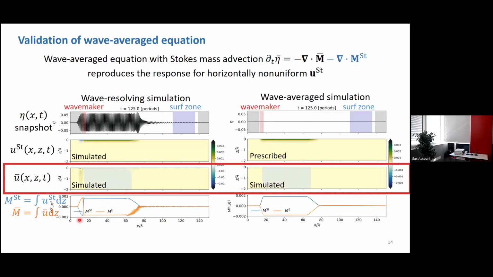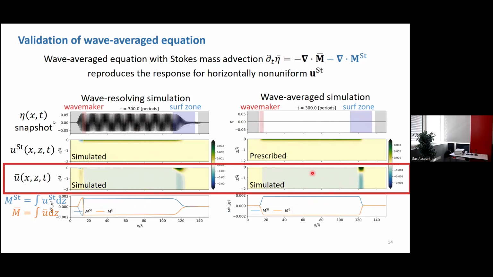I also compared the response with the wave-averaged simulation, using the equations that I showed earlier. Here, in the right panel, I'm showing the wave-averaged simulation results. We can see that the surface elevation is almost zero, and I prescribed the propagation of the Stokes transport, taken from the wave-resolving simulations.